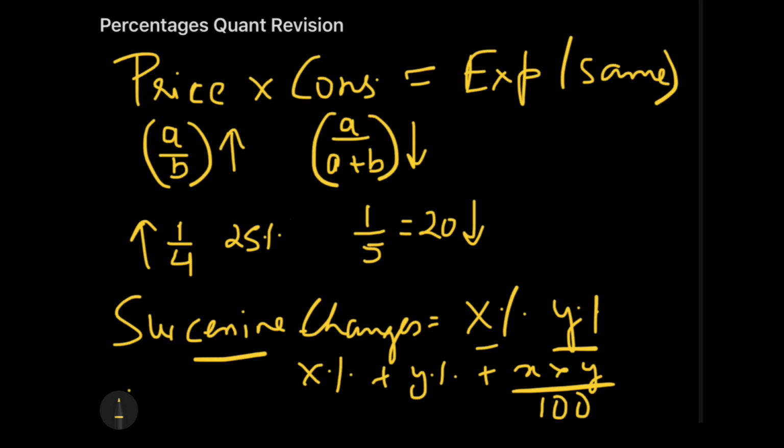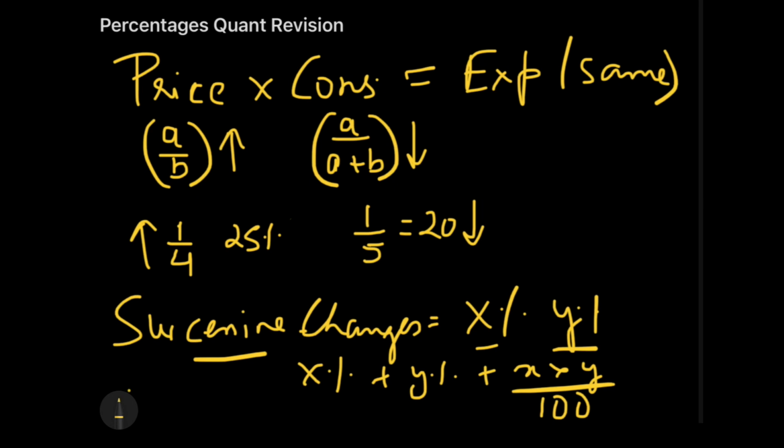In the next video, I'll take that up as well when I give you a quant revision video on profit and loss. The way we use it there will be a bit different because the signs will change. But for normal successive percentage changes, this is how we do it.